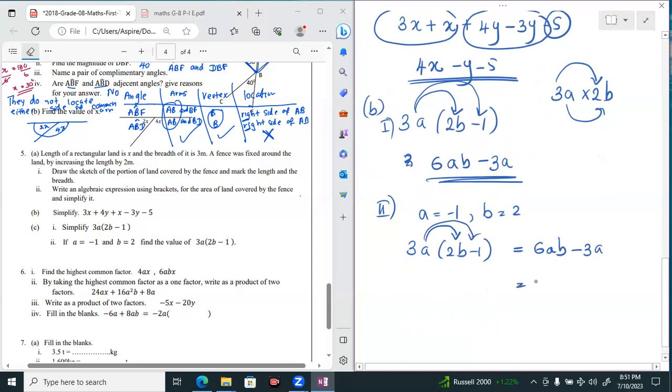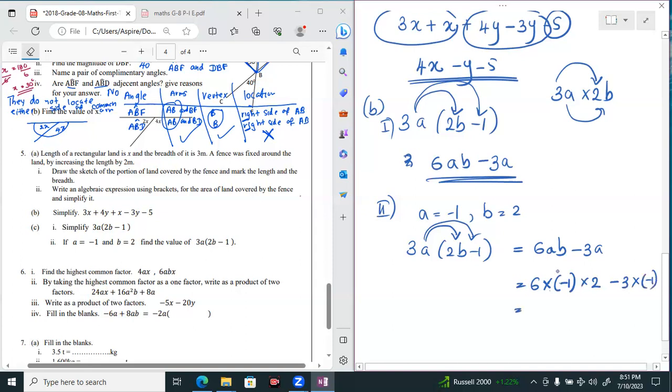Now here, when the numbers and algebraic terms come together, first of all, before your substitution, you have to do multiplication. 6 into a equals minus 1. When you substitute negative values, open the bracket. b is 2. Subtract 3 into minus 1.